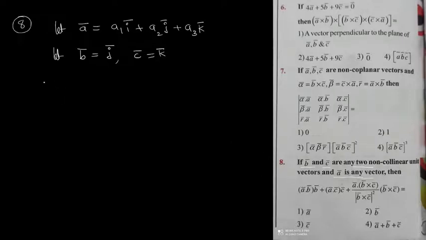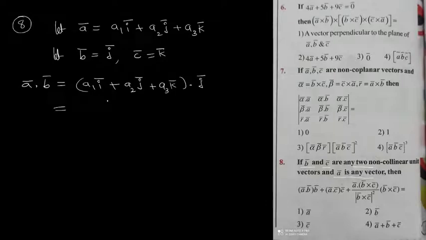So first A bar dot B bar. A bar dot B bar equals A1 I bar plus A2 J bar plus A3 K bar dot J bar. That implies A1 into I bar dot J bar plus A2 into J bar dot J bar, which is 1, plus A3 into K bar dot J bar.